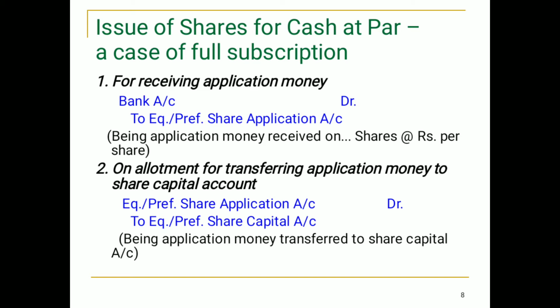The step of receiving application money. Yes, bank account debit to share application account. Then you transfer this amount to share capital account, for which the journal entry is preference share or equity share application account debit to share capital account.